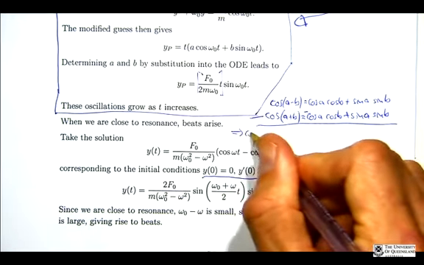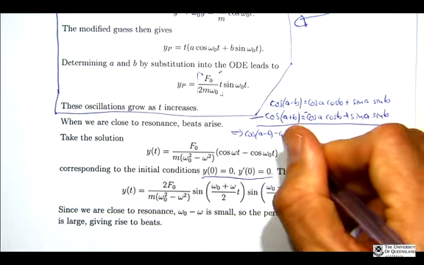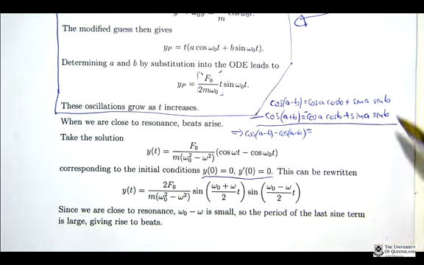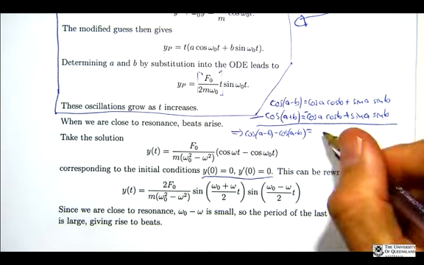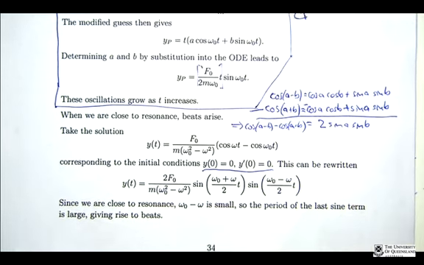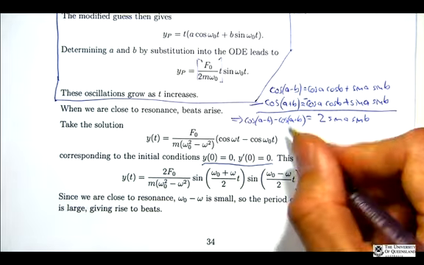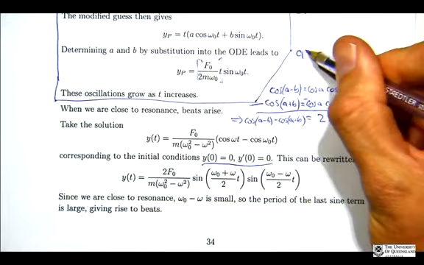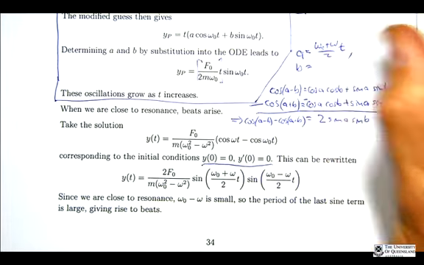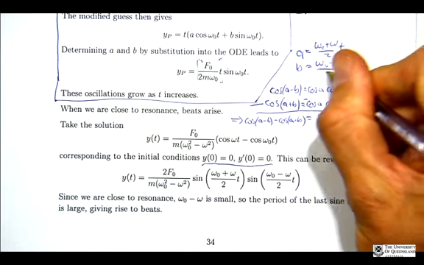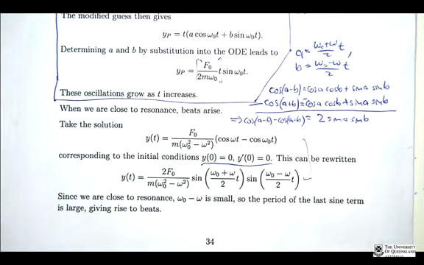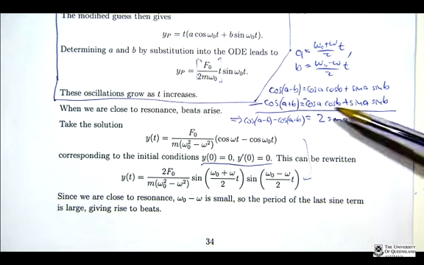That implies that cos(a - b) minus cos(a + b): you can see the product of cosine functions cancels, and the product of the two sine functions doubles up, so that equals 2 sin a sin b. And if you set a equal to (omega naught plus omega)/2 times t, and b equal to (omega naught minus omega)/2 times t, you end up recovering this identification here using this trig identity.